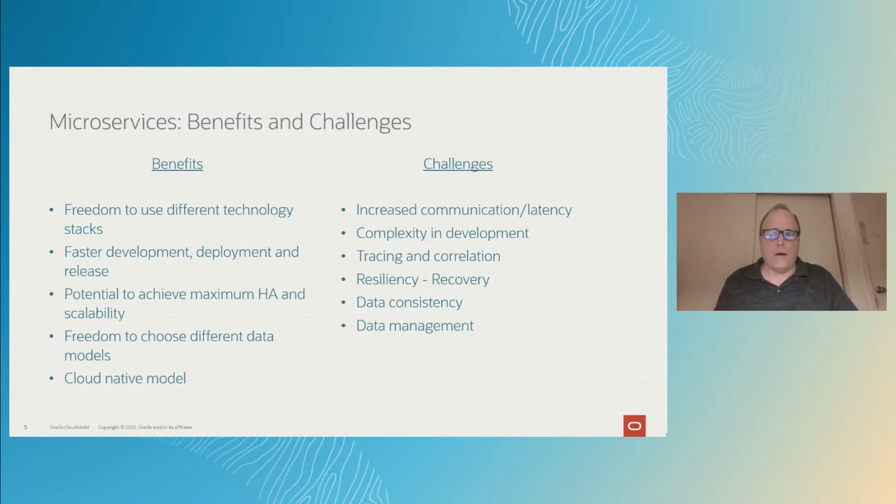However, I would point out that if you don't do it right, it's also possible to end up with much worse performance and scalability than a monolithic application, because when things go wrong, they go very wrong because there's lots of microservices. And you have a freedom to choose different data models. One microservice can use a relational database, others can use whatever they want. And of course, this all ties in very well with the cloud native model.